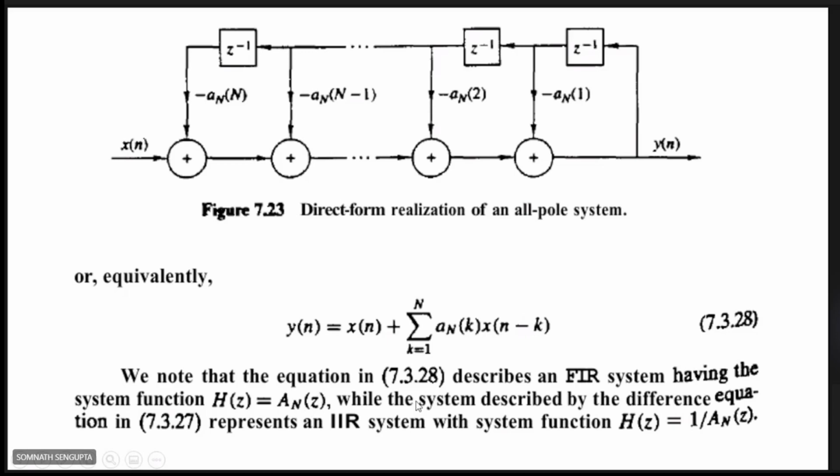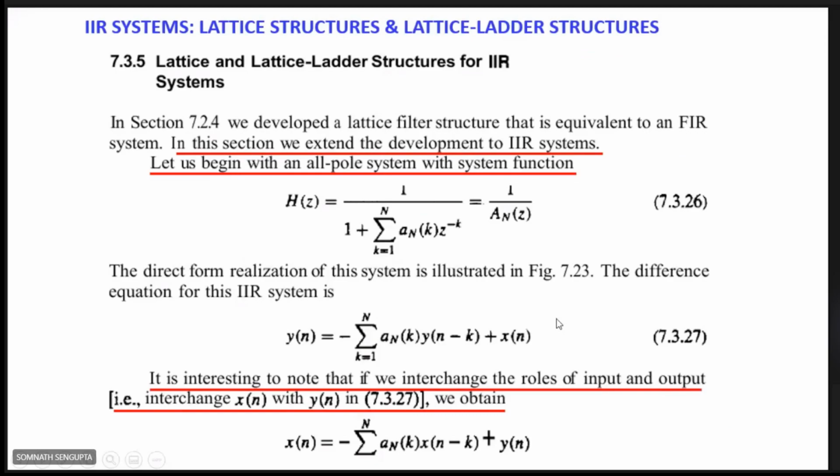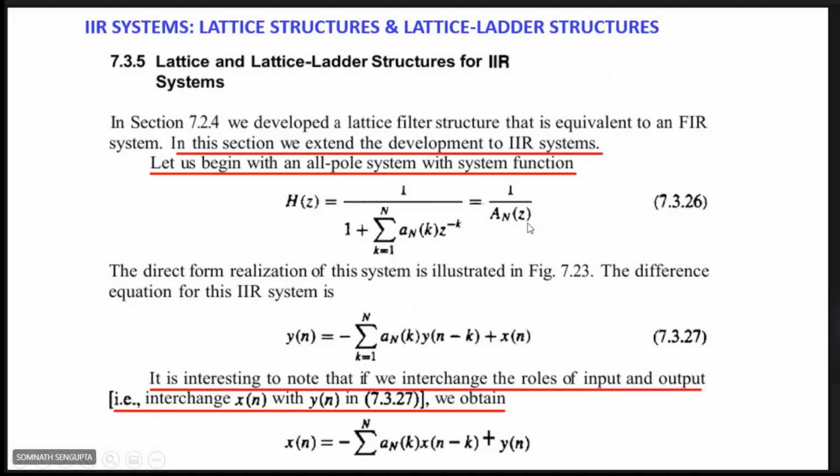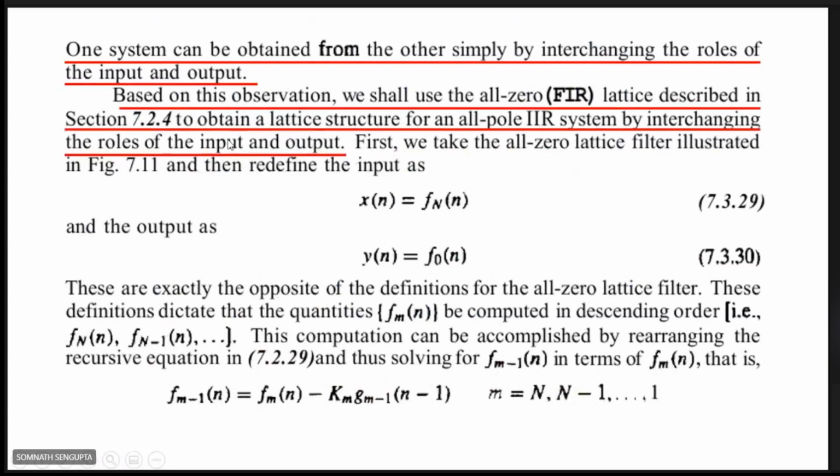While the system described by the difference equation 7.3.27 is representing an IIR system with system function H(z) equal to 1 upon A_M(z), that we have started with. Okay? So it is coming from there. So one system can be obtained from the other simply by interchanging the roles of the input and output.